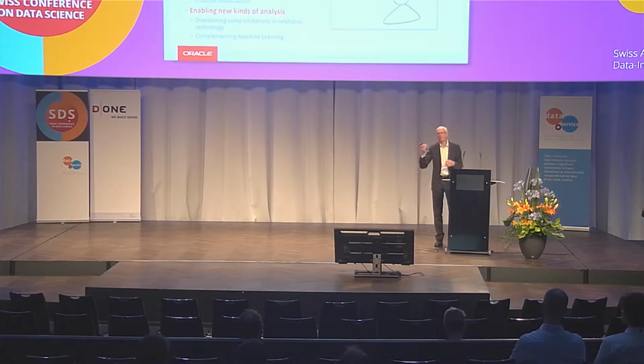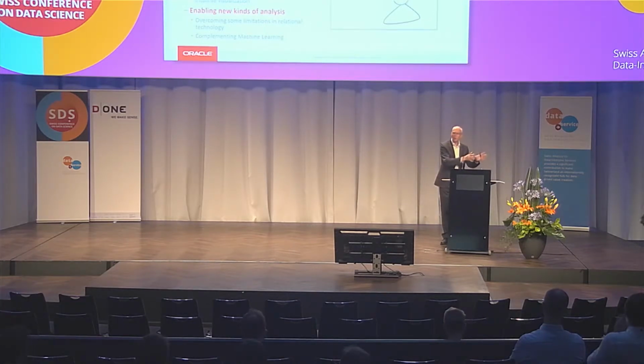But the key thing about graphs, which also makes it different from relational technologies, is that you can run different kinds of analytics, which in the relational world is either cumbersome to code or slow to execute or impossible to run anyway. So that's the big advantage of graphs.